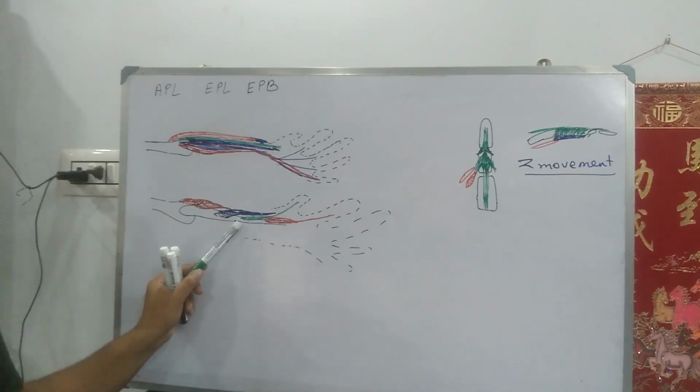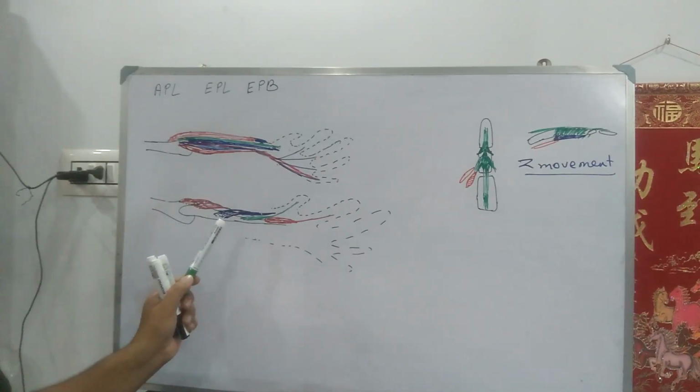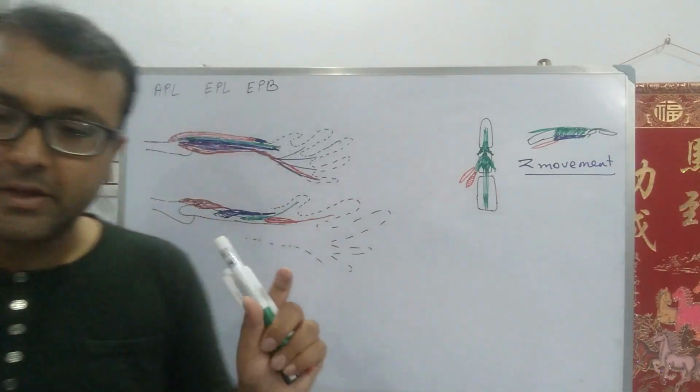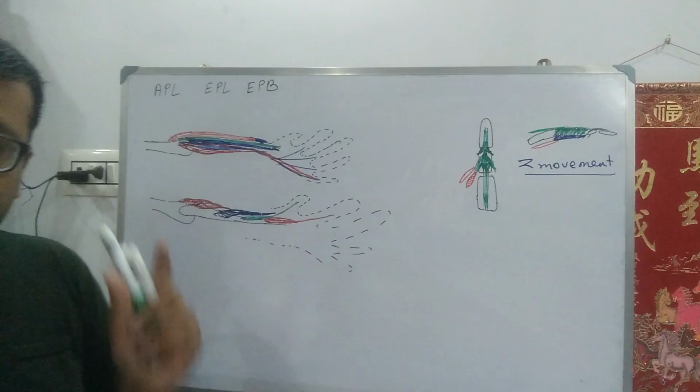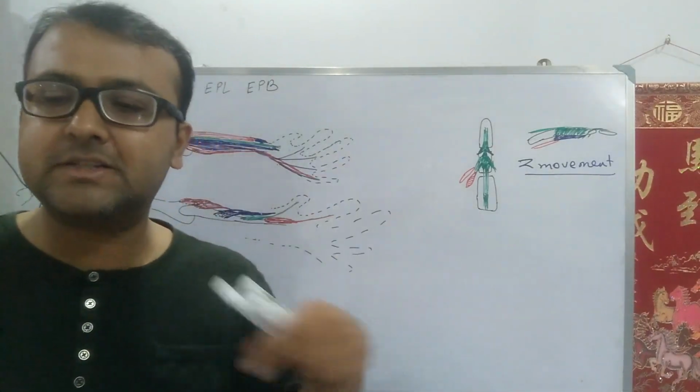Right. And then the obvious one comes up, that is extensor pollicis brevis. Now when you have used the word brevis, that means this muscle must be short. Correct. So common sense, should it be the proximal third, middle third, or distal third?